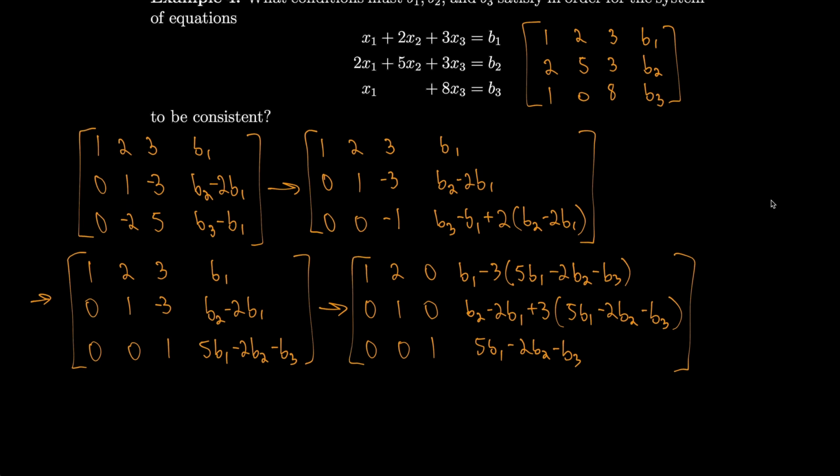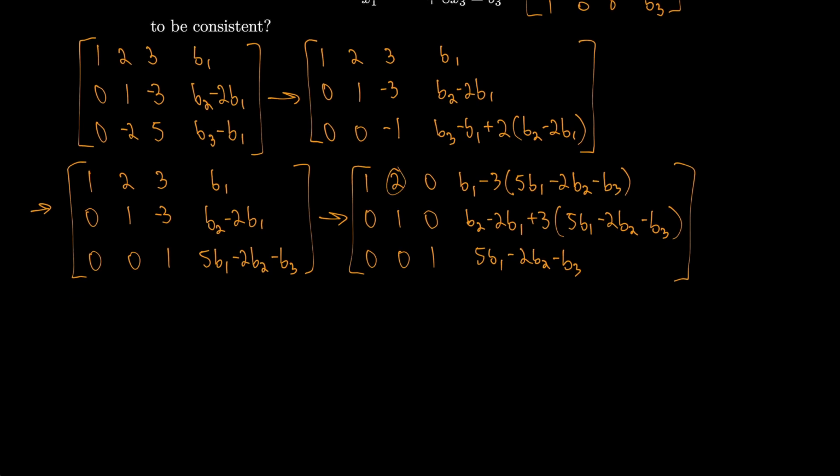Okay, let's keep going. All I gotta do is get rid of that 2 now, it looks like. So my top row, I'll subtract 2 of the second row from it. So I'll get 1, 0, 0. We'll simplify this. Get negative 14B1 plus 6B2 plus 3B3.